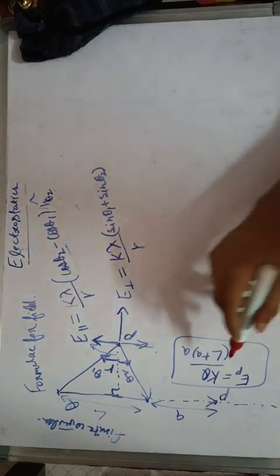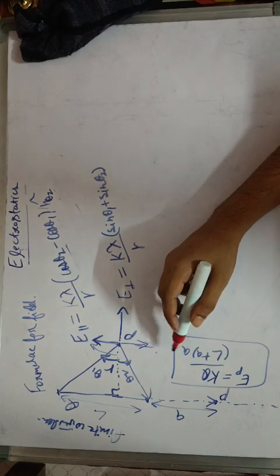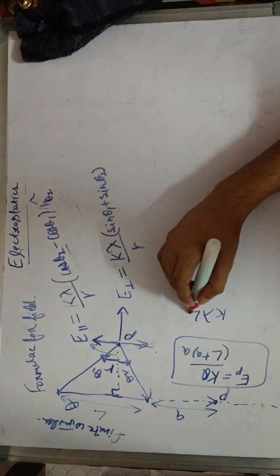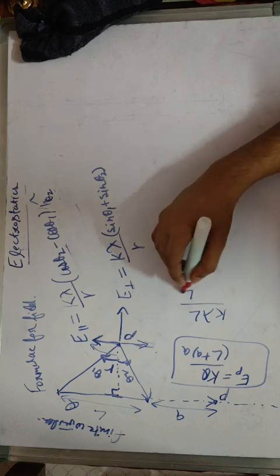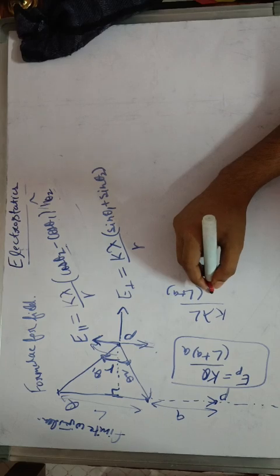This is KQ upon (L plus A) times A. In terms of lambda, we can write K lambda L upon (L plus A) times A.